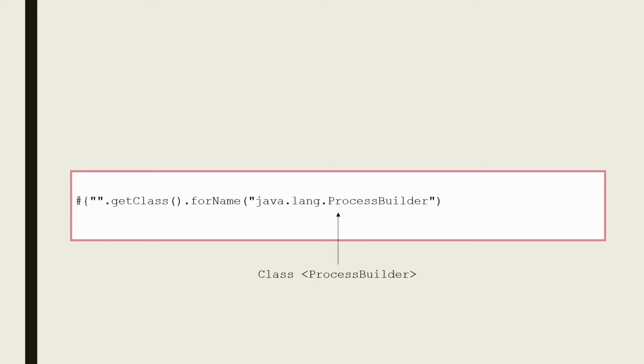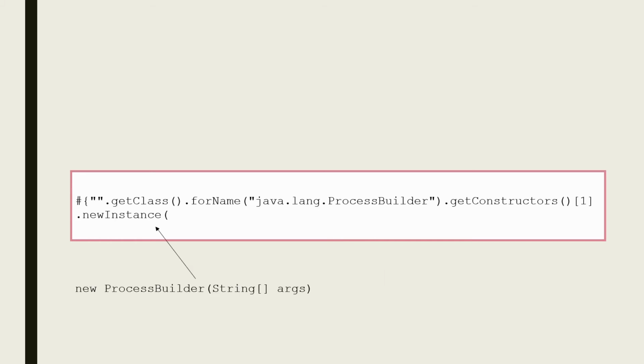And why are we using ProcessBuilder? Well, we use it instead of the runtime because ProcessBuilder allows you to set the command via the constructor. And runtime needs a call to Runtime.getRuntime, which is not allowed. So we're going to use ProcessBuilder. Then we need to invoke the constructor.